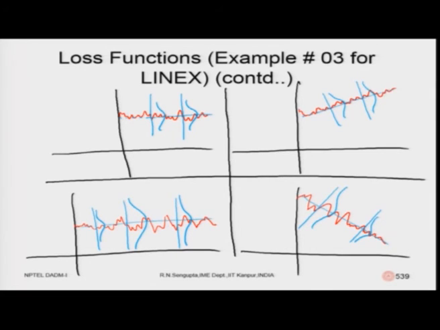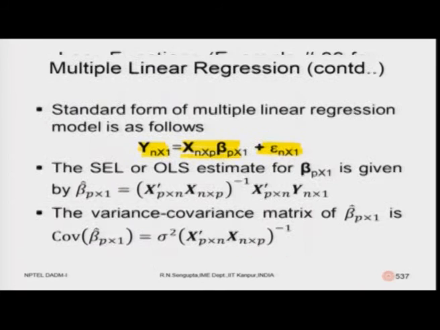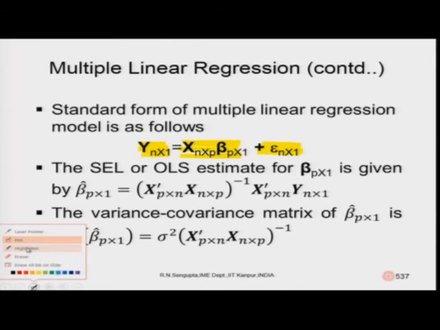Let me go back to the initial slide. So, the squared error loss, or the ordinary least square estimate of beta. I am just giving you the formulas, so it will be very easy for you to find any book and read it.